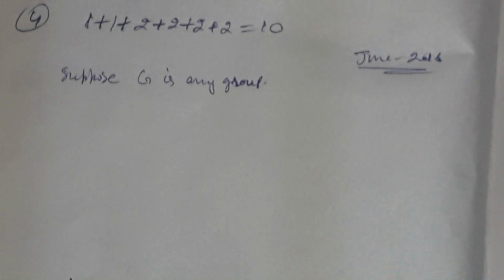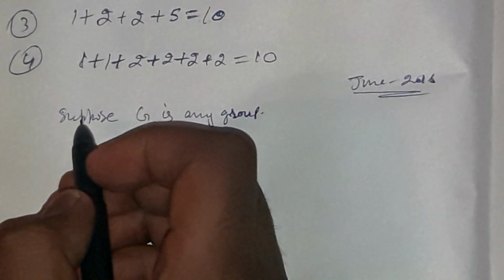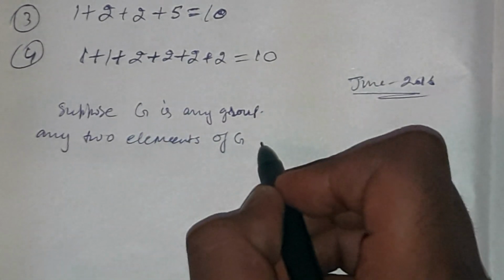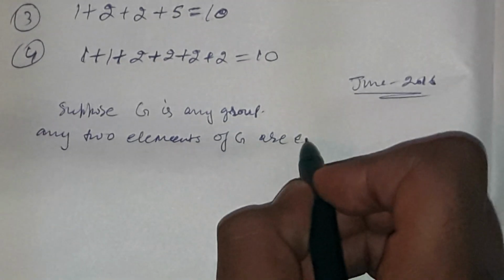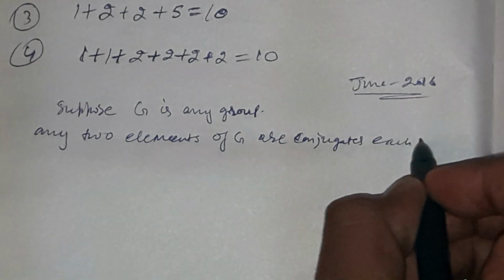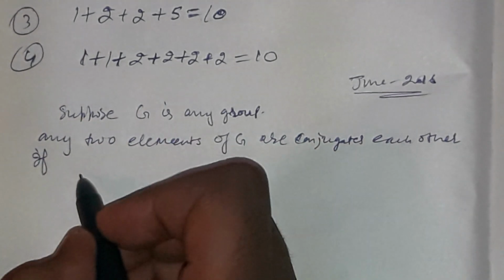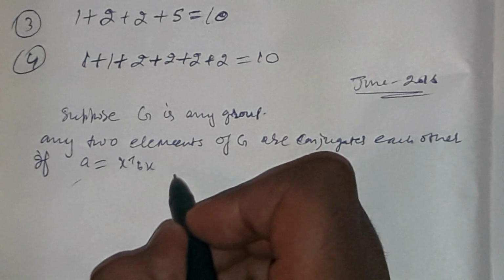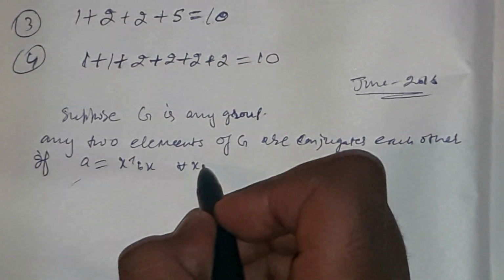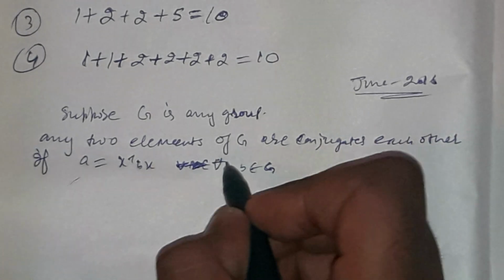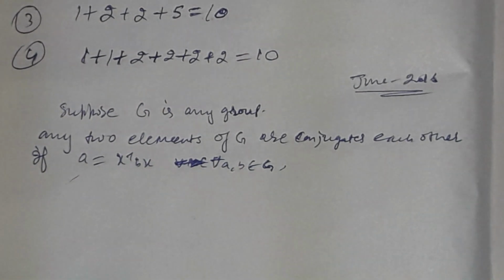Now, two elements of G are conjugates of each other if A can be expressed as X inverse B X, where A and B are in G. That is, for every A and B there exists some element X in G such that A can be expressed in such a way.